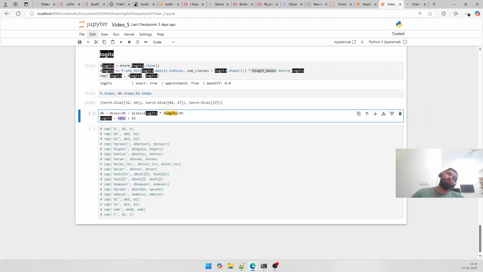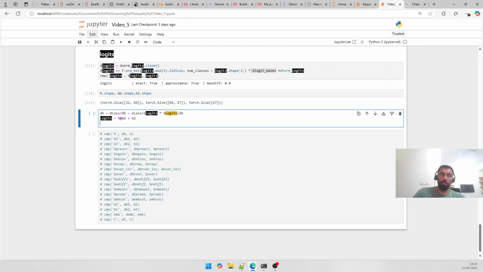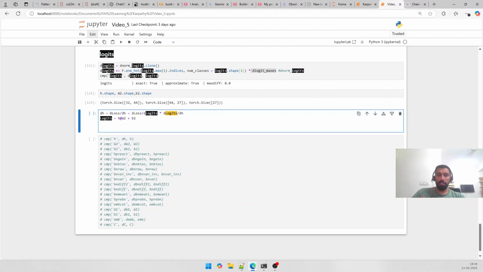Now what will be the differentiation of a dot product? If you think a bit, let's take 2 by 3 and 3 by 4.